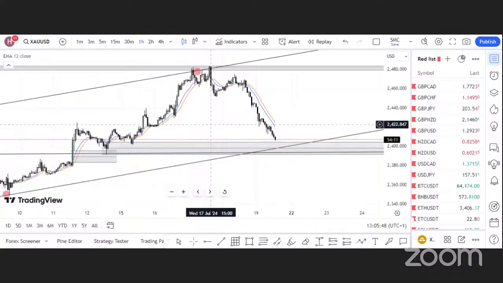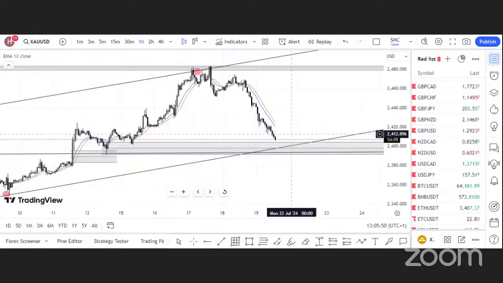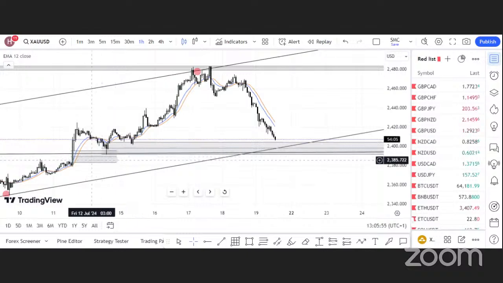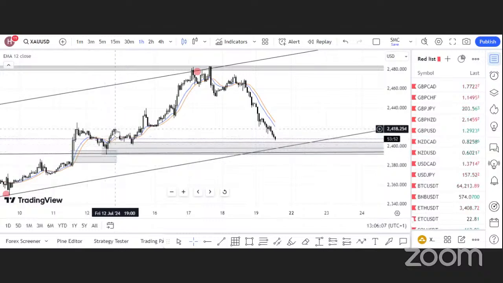This is the 1 hour time frame. We have this level where the market rejected because of the fair value gap. This is the rejection, and after the rejection here, you see how the market continued to go bullish, breaking highs and highs.